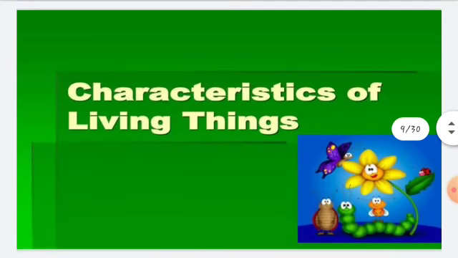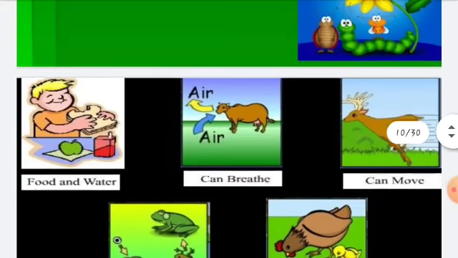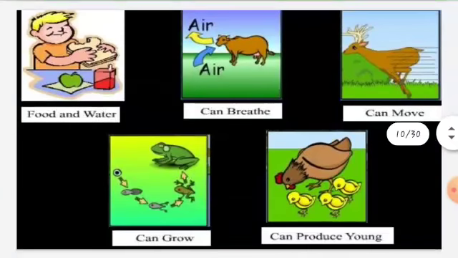Here we are beginning with the introduction, that is, characteristics of living things. Let us start now. On your screen you can see the organisms need various things in order to grow. First, they need food and water, they need air.